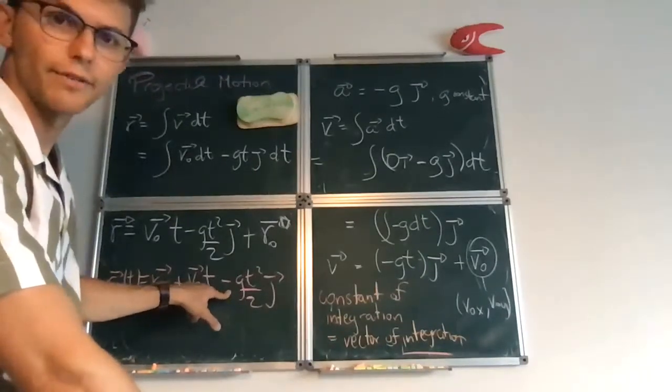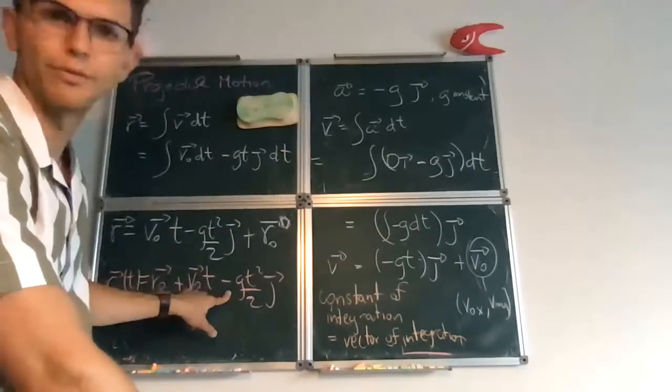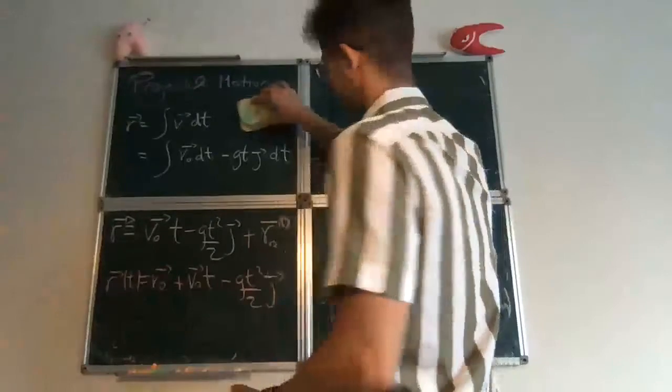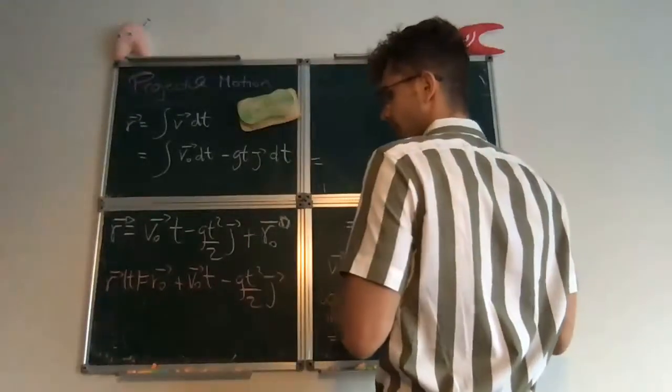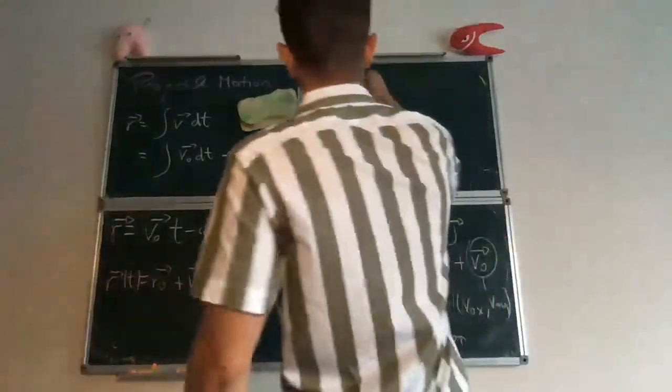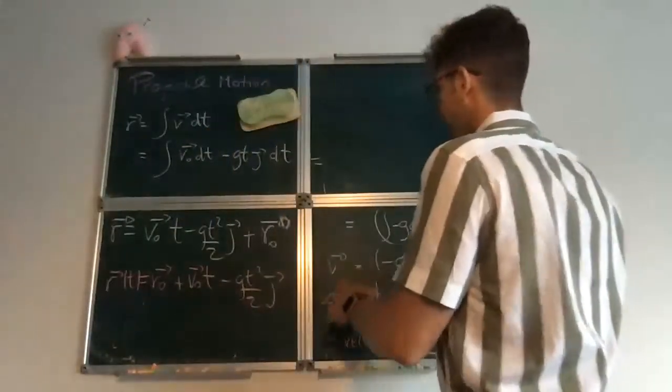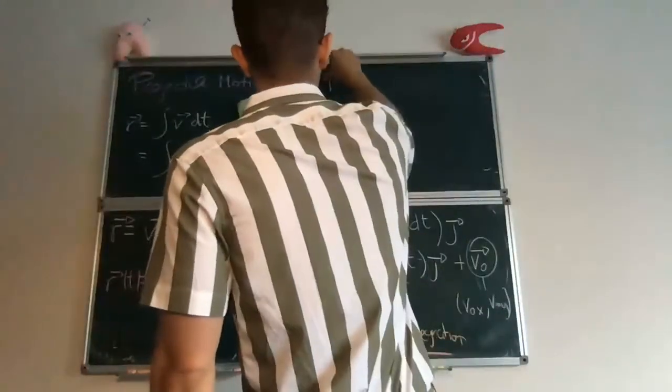And in fact, we can find the curvature of this trajectory, which would be fun to do. So remember that the tangent vector is velocity over speed.